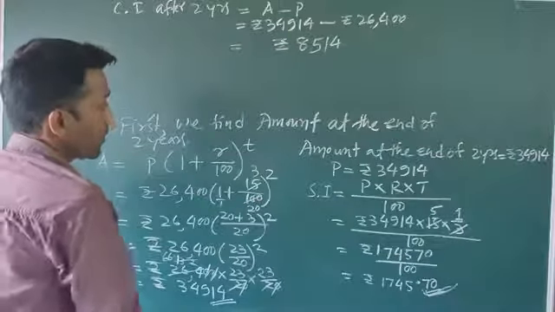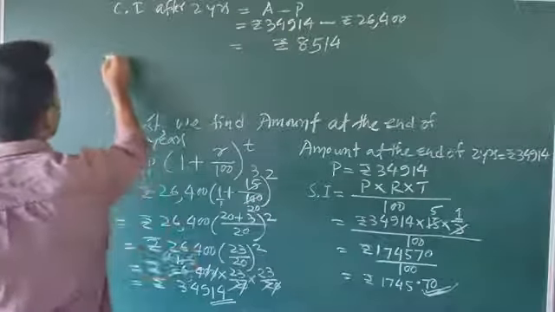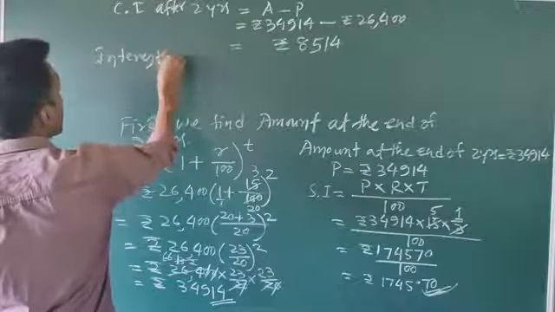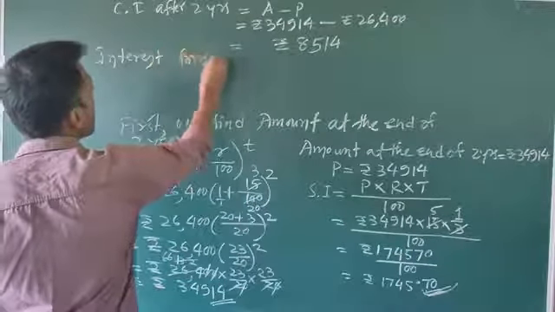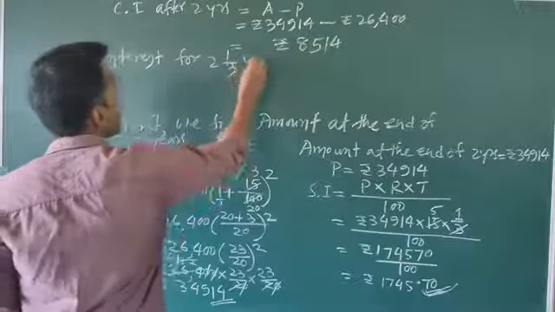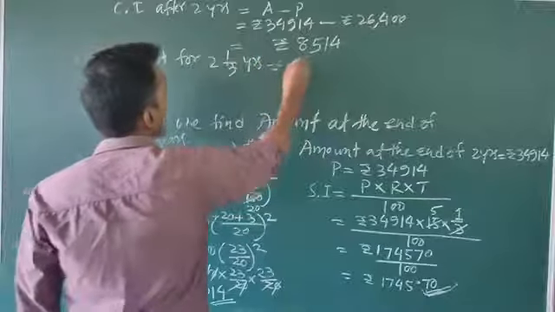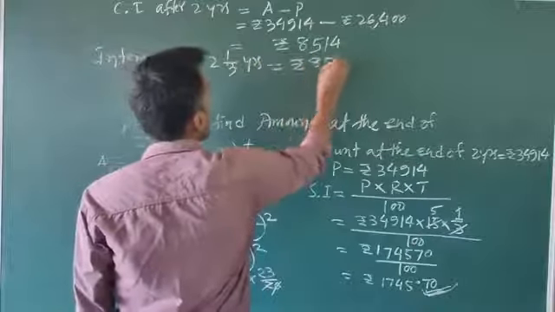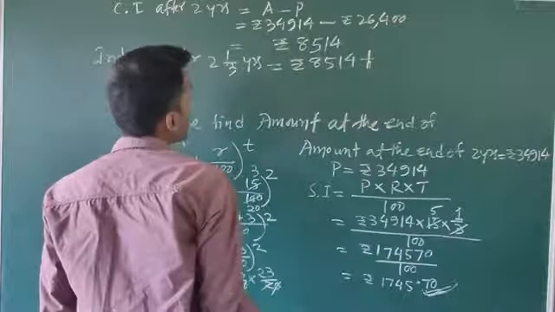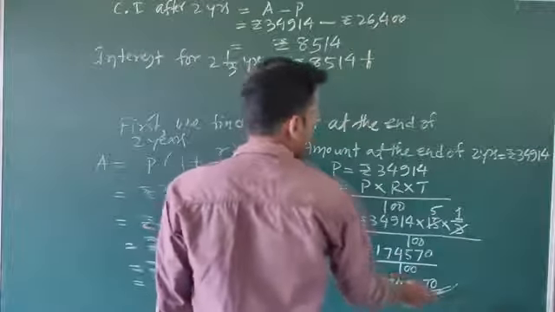Interest for 1/3 years is 1,745.70. So now find the interest for 2 and 1 by 3 years. Add both interests: 8,514 as the interest after 2 years, and 1,745.70 as the interest for 1/3 years.